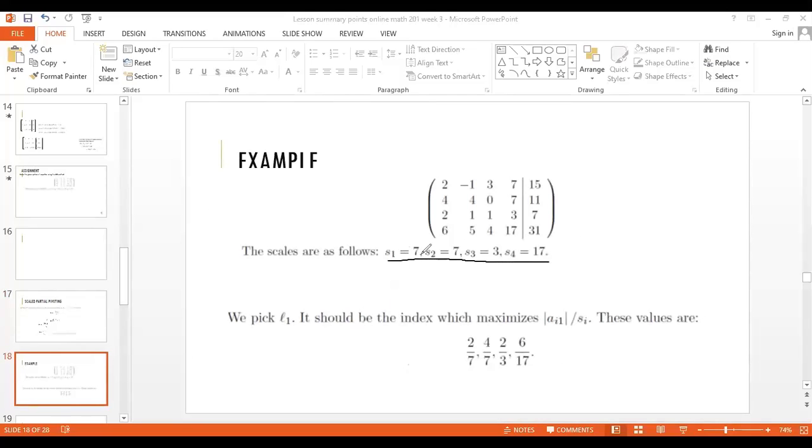So S1 is 7 here, S2 was 7, S3 is 3, and S4 is 17.